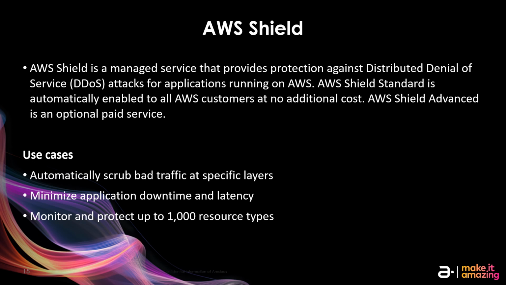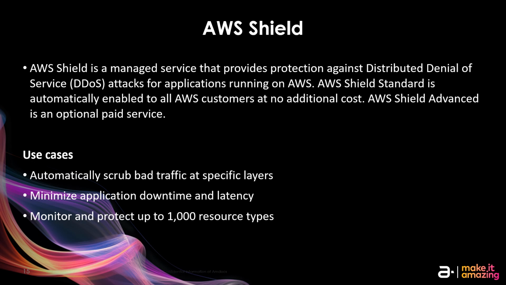Some of the use cases for AWS Shield: it automatically scrubs bad traffic at specific layers. So it protects your application from bad traffic, as said in the DDoS attack. Then you have minimizing application downtime and latency. In this way, you can maintain minimum downtime for your application.